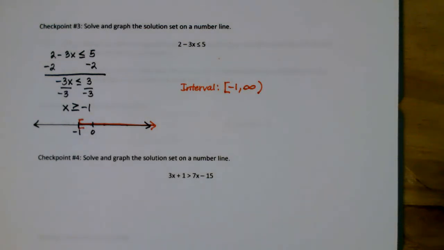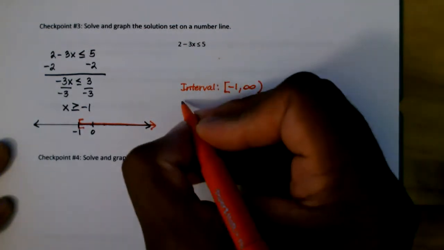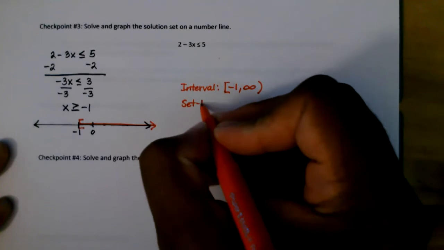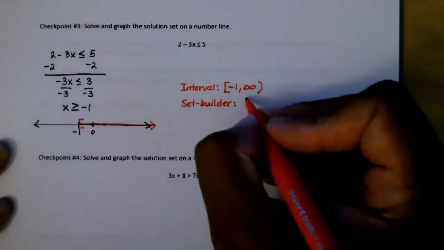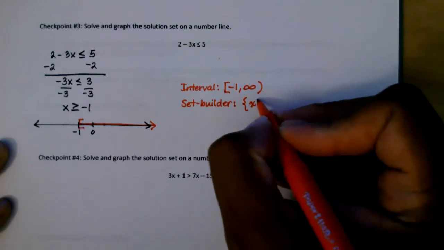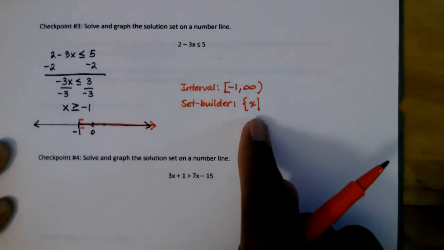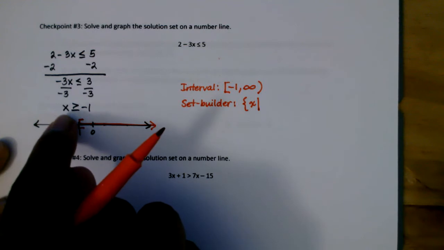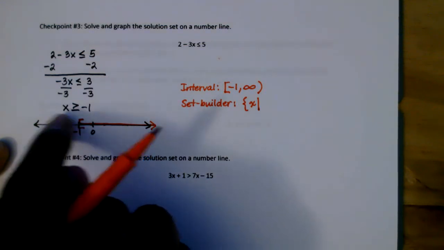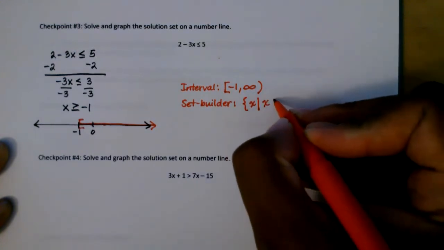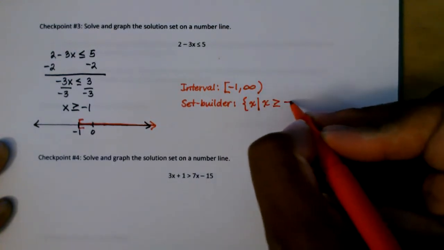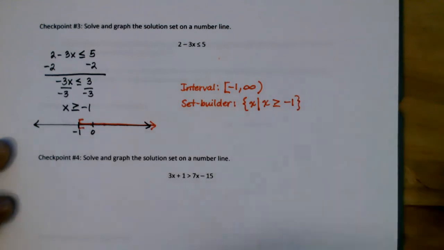So that's the interval notation. Now for the set builder notation, it's going to be this: the set of all x. That bar means such that, and then we copy down the inequality statement that we got when we solved it: x is greater than or equal to negative 1.